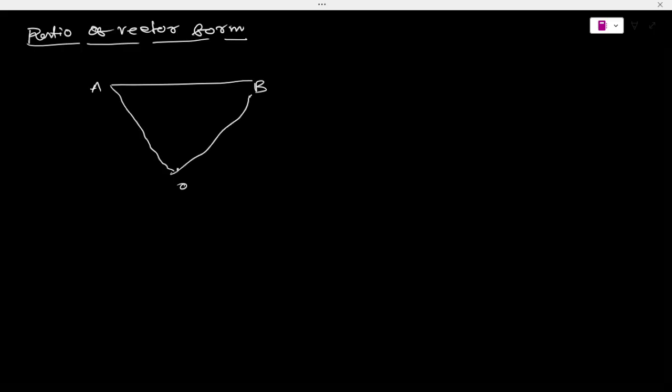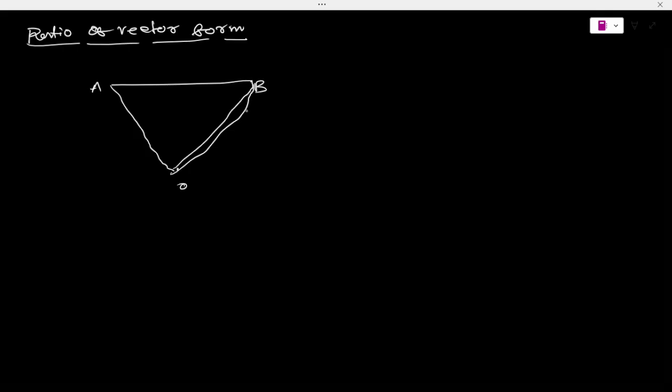Now, another one: the ratio of the vector form. So what will be the ratio of the vector form? Let's say this point is named A, this is point B, and this point is O, connecting OA and OB.